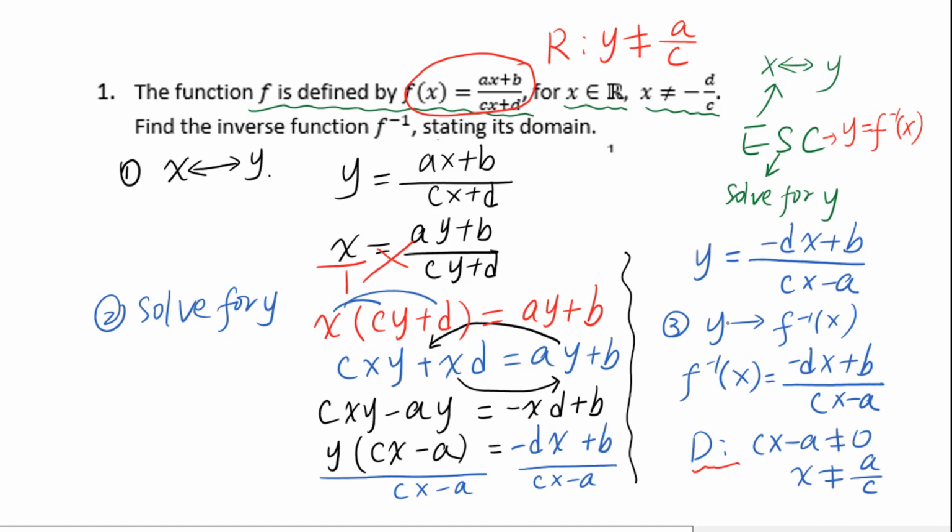You can just write down x not equal to a over c for the domain of the inverse function, because for a function and its inverse, the domain and range switch.